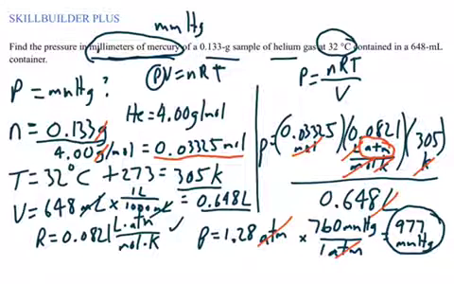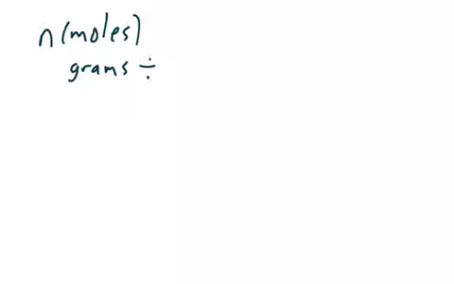Okay? Now, let me give you some final thoughts here. It is very important that if you're looking for moles, you saw what we did in one of the problems. If it's in grams, you have to divide by the molar mass to change it to moles.